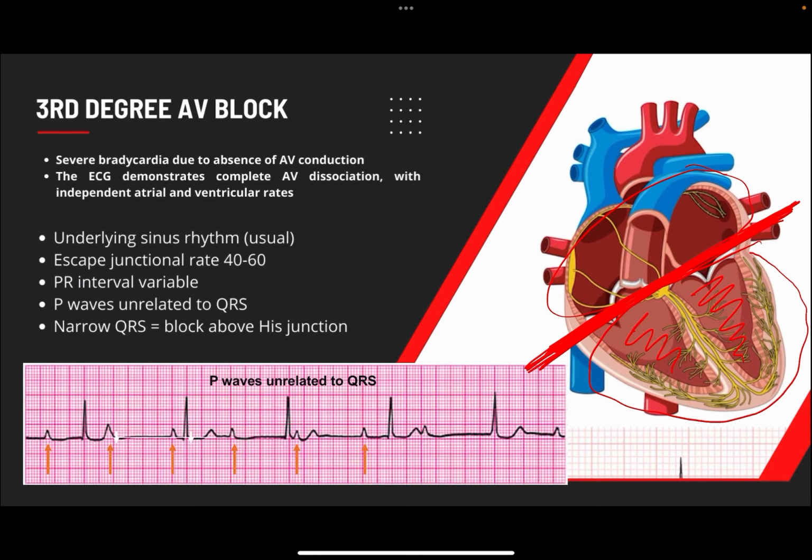So again, remember, PR segment should be at least 0.20, within 0.20 seconds or 1 box. So if you look at this, there's no pattern at all. This measures like 3 boxes or 0.60 seconds. So there's 3 boxes here.